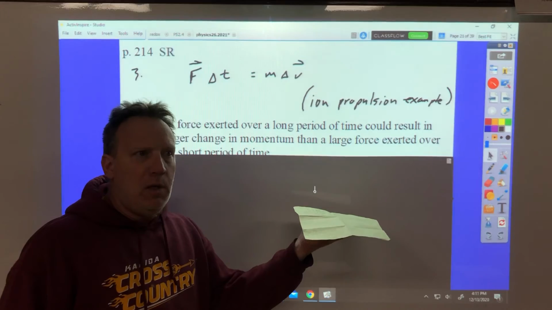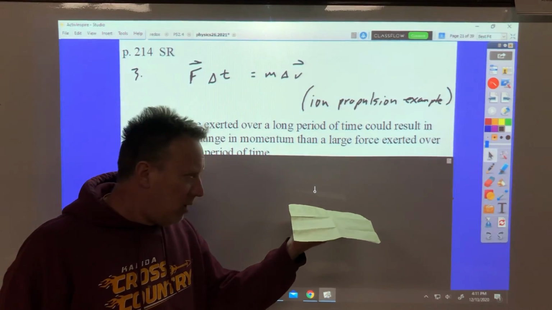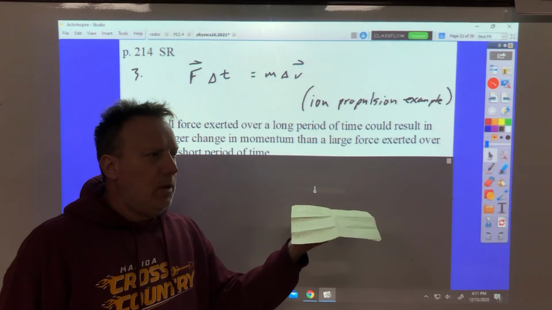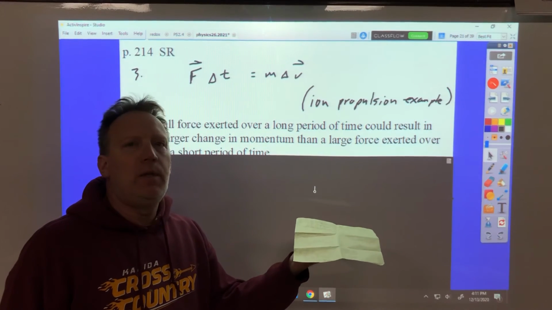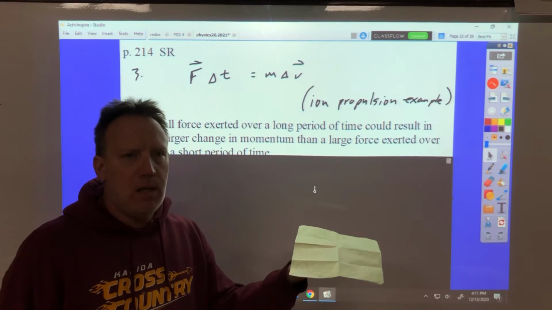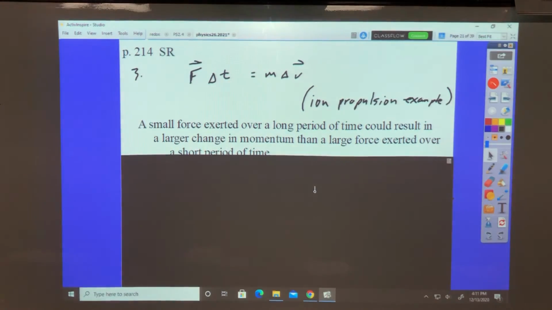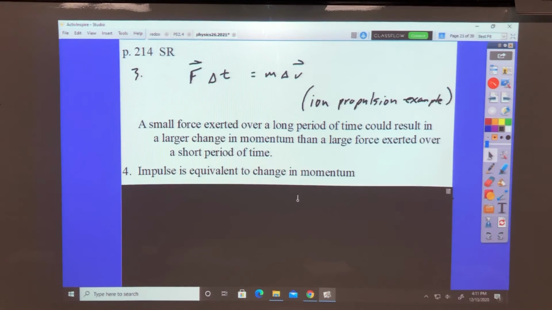But if it's pushing a 3-ton satellite with this force, under essentially no friction, at a very low acceleration, but day in and day out, 24 hours a day, 365 days a year, it can wind up being a very high change in momentum. So a small force exerted over a long period of time could result in a larger change in momentum than a large force exerted over a short period of time.